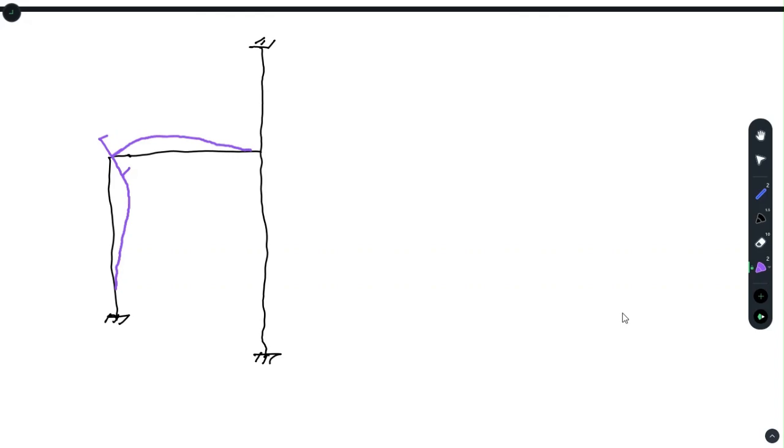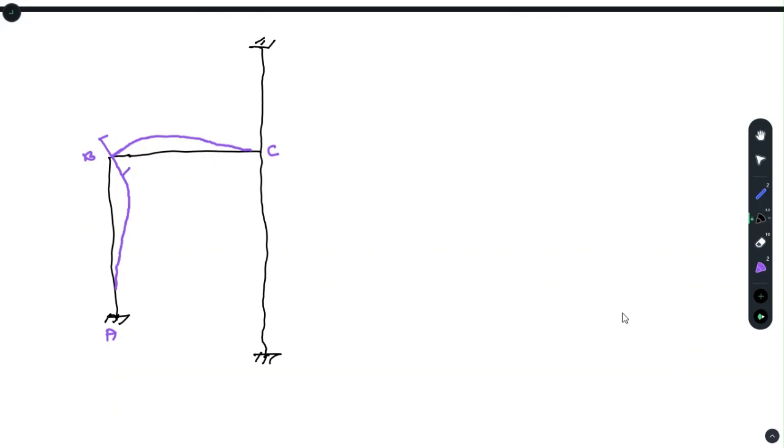Here, see, a 90-degree angle is maintained at joint B, at point C, and at point A. So everything is fine and no other deformation will occur.